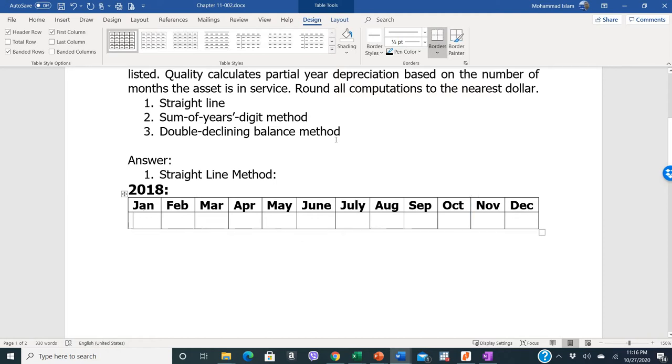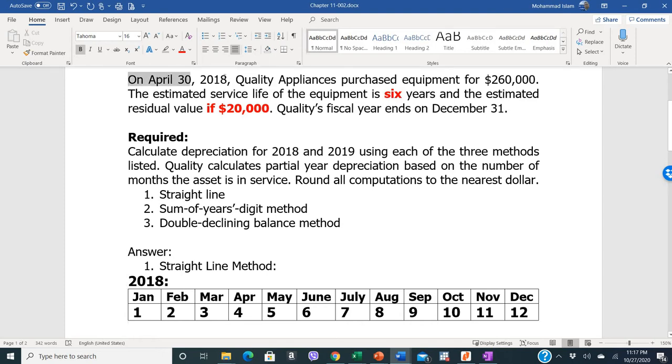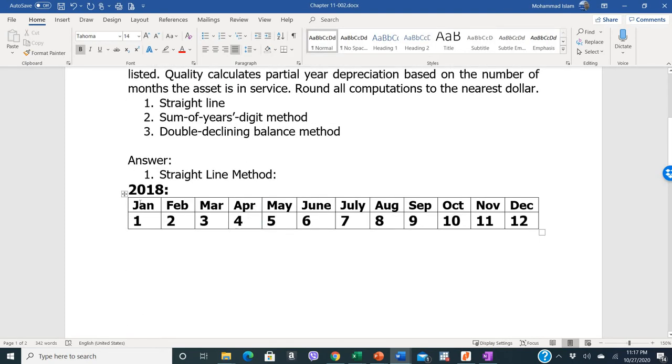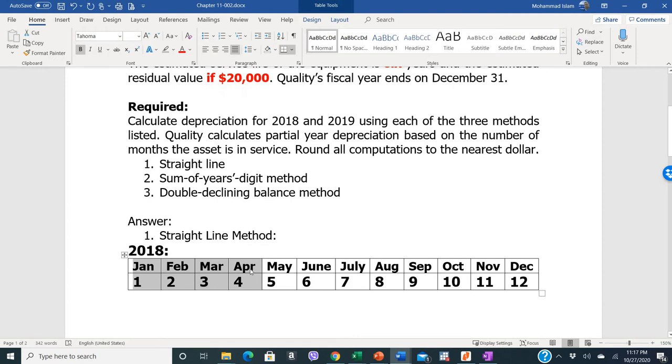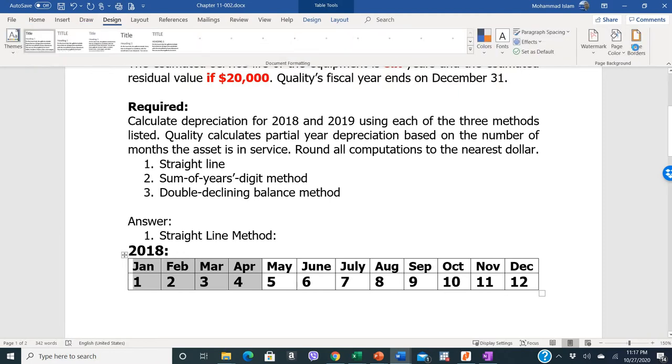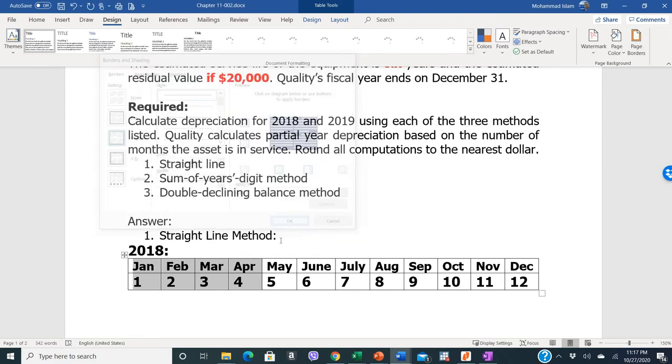Now see that there are 1, 2, 3, 4, 5, 6, 7, 8, 9, 10, 11, and 12 months. So when did we acquire the asset? On April 30. So we have not used the equipment for these 4 months. These 4 months, we did not use.